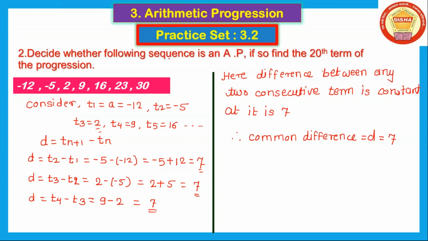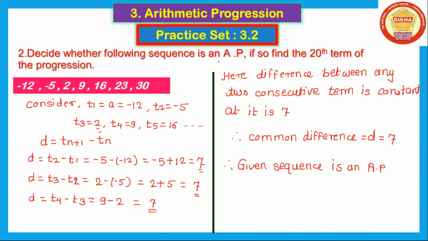Means first we decide whether the given sequence is an AP or not, and it is an AP. So we write here: therefore the given sequence is an AP. In this question, two sub-questions are included. Which one is the first?